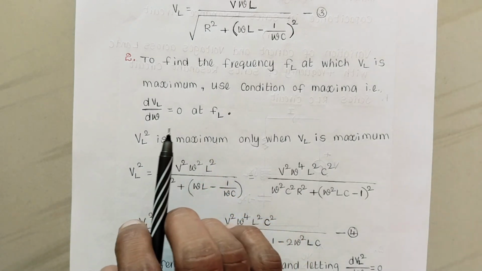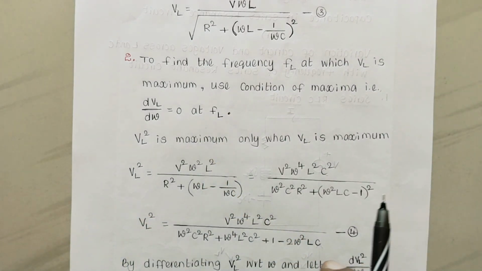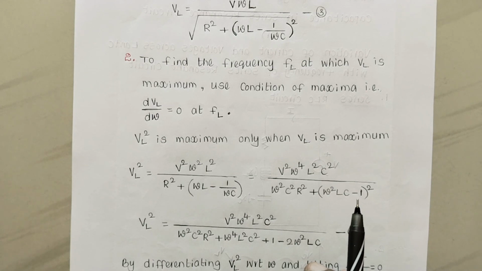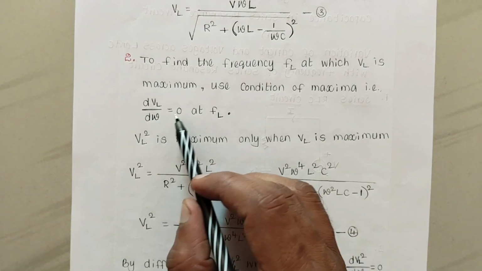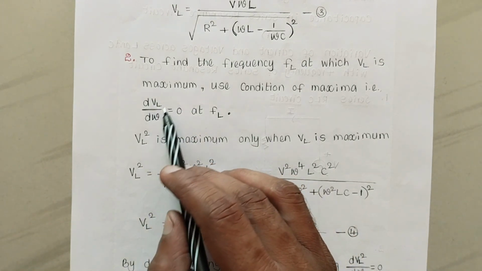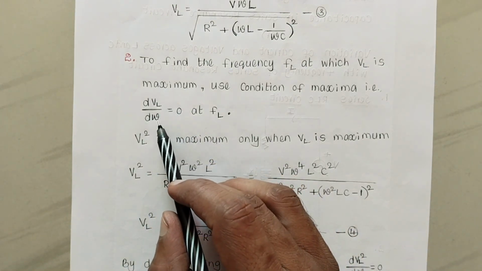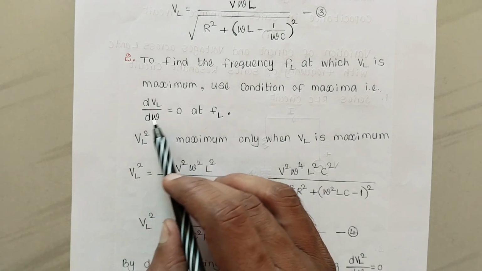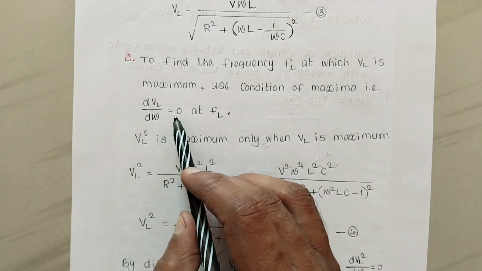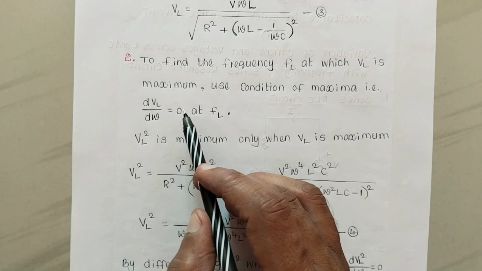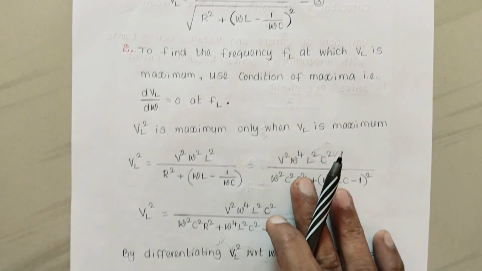At maximum or minimum conditions, the differentiation of the y variable with respect to the x variable is 0. Here the y variable is VL and the x variable is omega. So the differentiation of VL with respect to omega is 0. That is the condition of maxima.